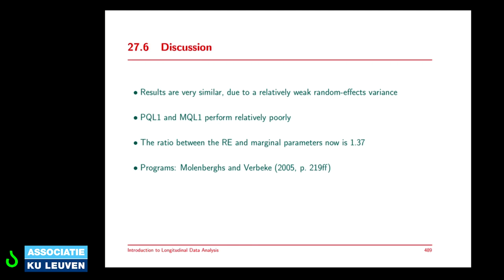So the ratio between the random effects and the marginal parameters, now if you calculate it, is, I'll slightly exaggerate, 1.5. It was 2.5 in the toenail data set, entirely due to the different variance of the random intercept between these two models.